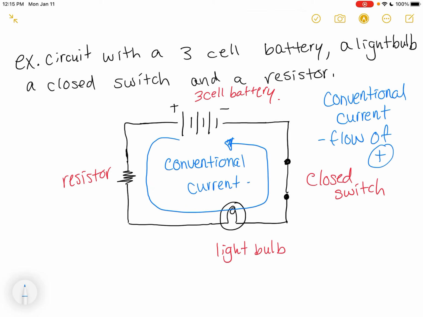So it's always going to flow from the positive end of the battery back into the negative end of the battery. And so that will be the direction of the conventional current. Okay, so those are the different parts of a circuit, and that's how we draw our circuit diagrams. So you now have some practice to be doing in terms of drawing circuit diagrams and labeling different parts of a circuit diagram.